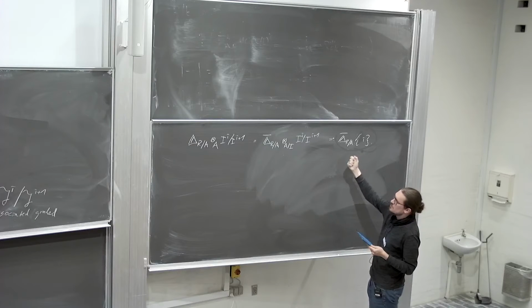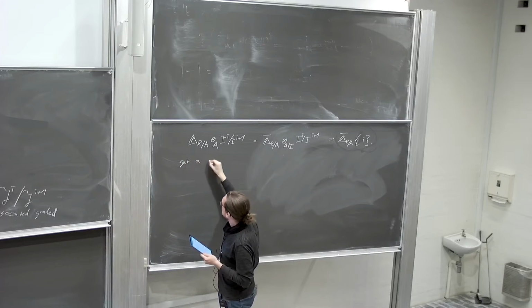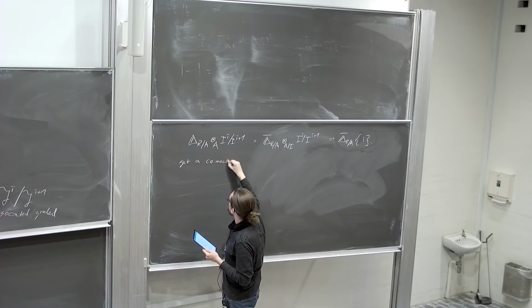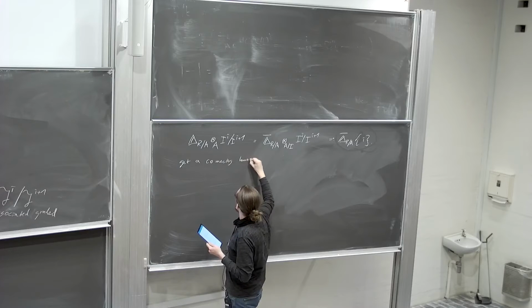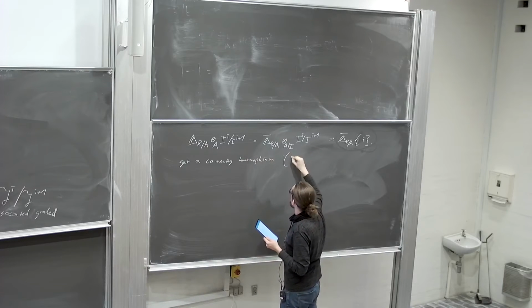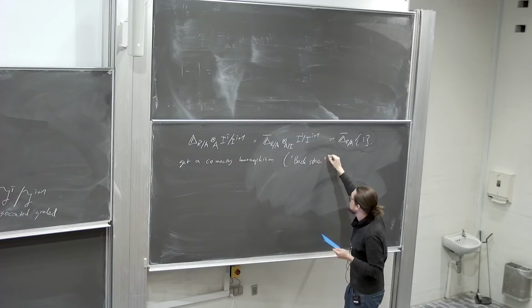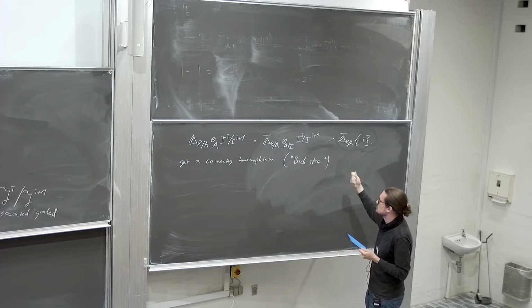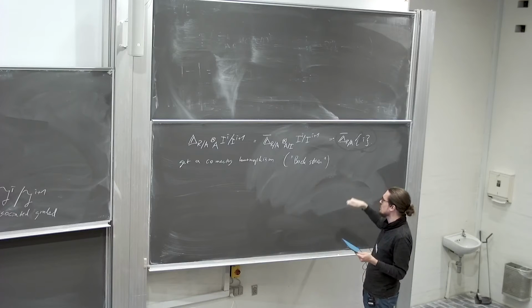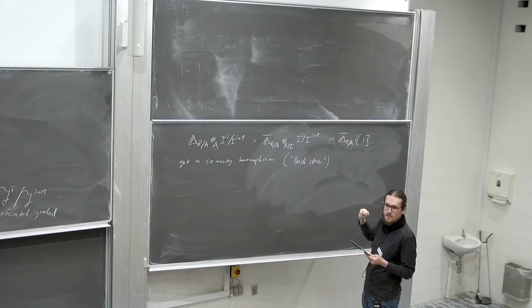We get some connecting homomorphisms. So we get a connecting homomorphism in this case, or think of this as some kind of Bockstein, right? If you do this for the p-adic filtration on, say, singular homology, you really get a Bockstein homomorphism. Yeah?